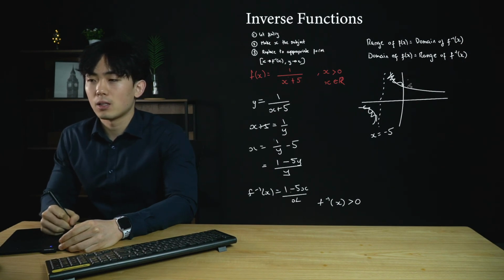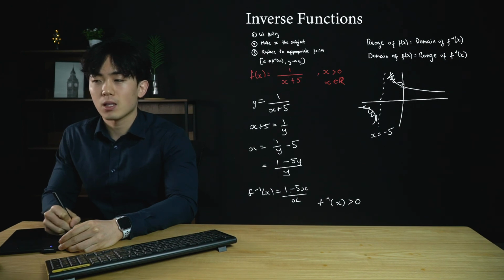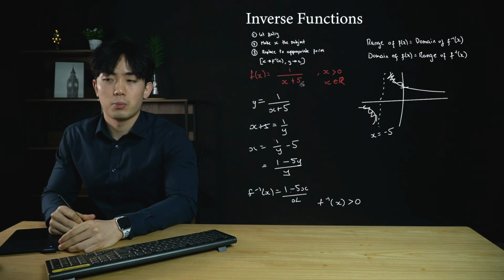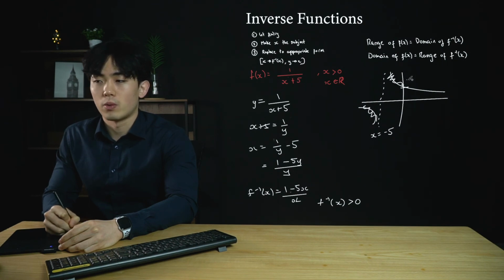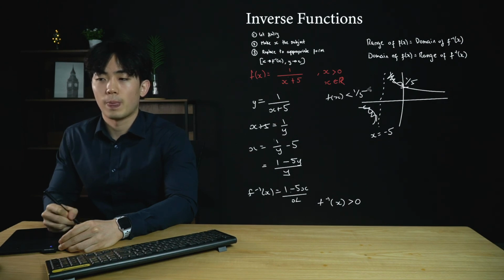So at this part, what is the range? Well, as you can see, as x gets bigger and bigger, y will get smaller and smaller. So the maximum value you can take is at this point here, when x is equal to 0. If you put x is equal to 0 into this function, you get 1 over 5. So the range of the function f of x is going to be less than 1 over 5.